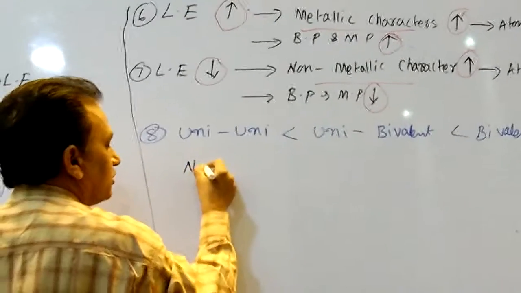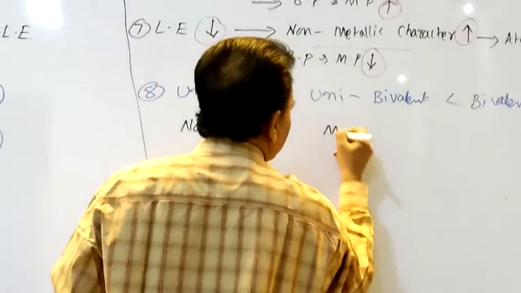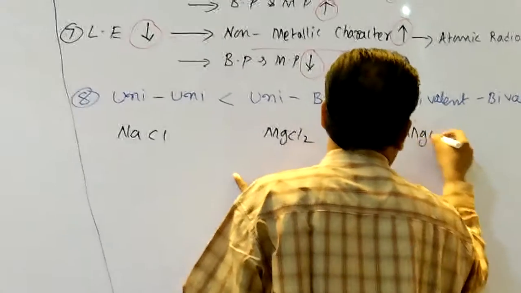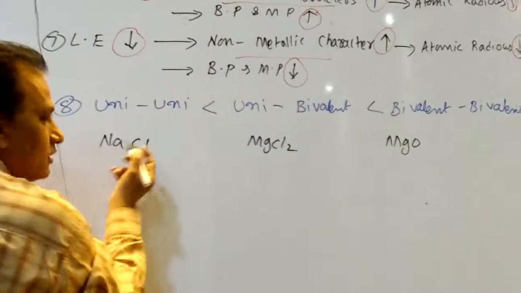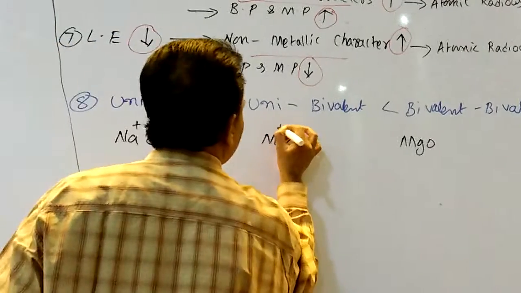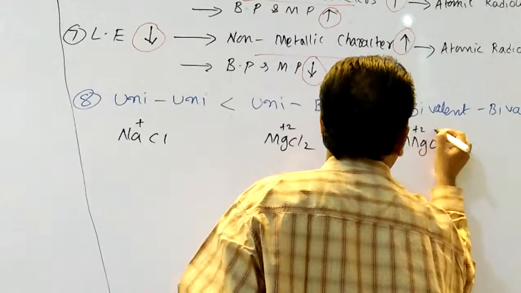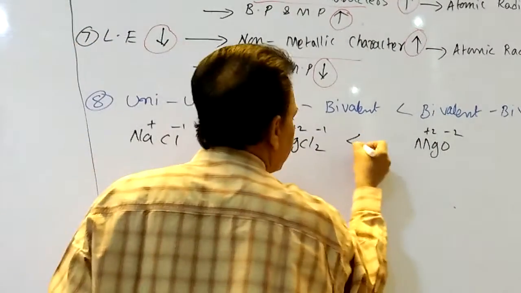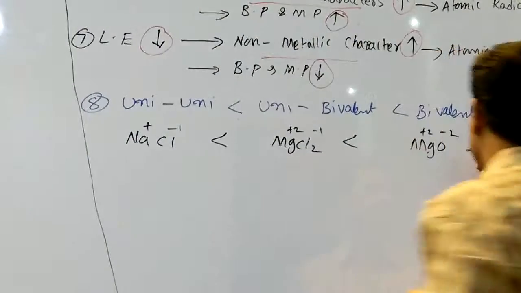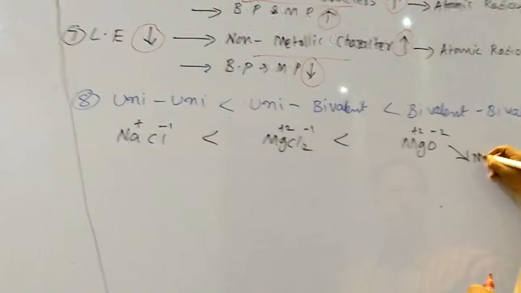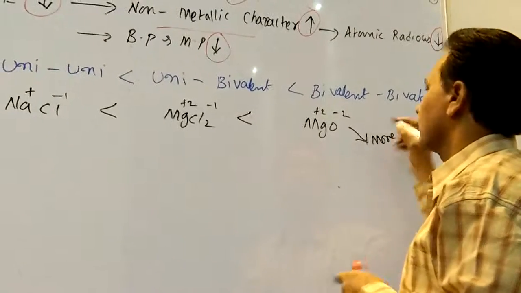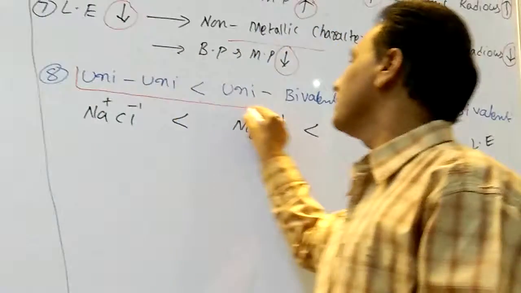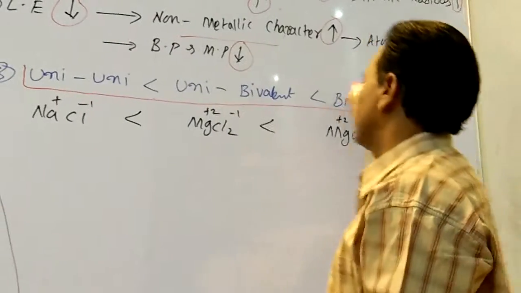NaCl, MgCl2, and MgO. NaCl is plus 1, minus 1; MgCl2 has plus 2 with minus 1; MgO is plus 2, minus 2. So which has more lattice energy? This one. Lattice energy increases from univalent-univalent, to univalent-bivalent, to bivalent-bivalent.